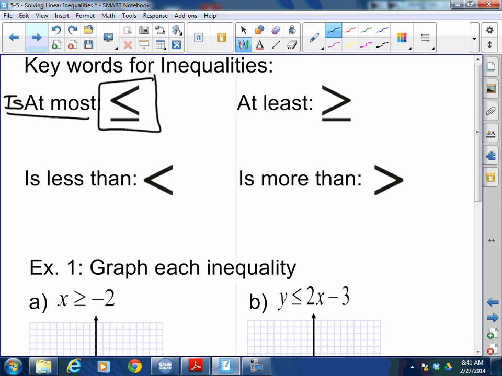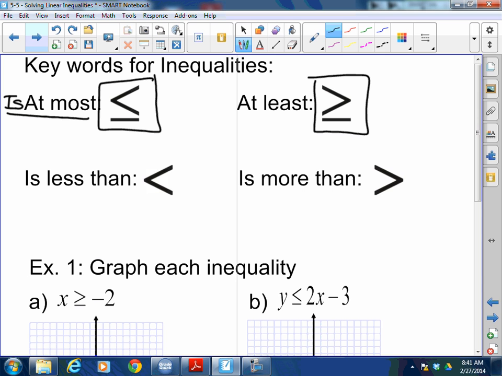What happens if I tell you you guys are at least 14? So that means you're 14 or older. So that's greater than or equal to. At most, it's kind of like reversed. At most is less than or equal to. At least is greater than or equal to.